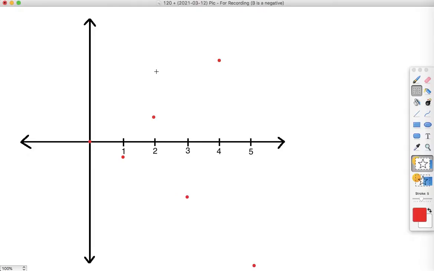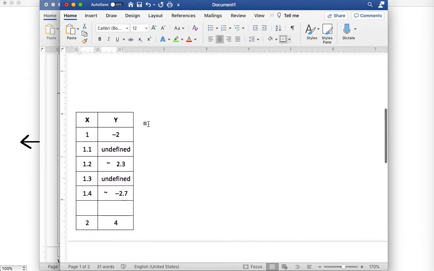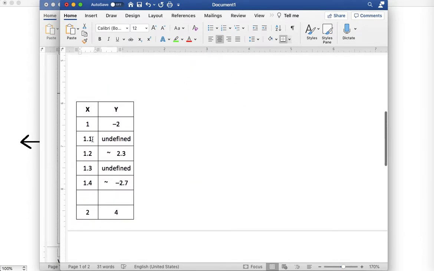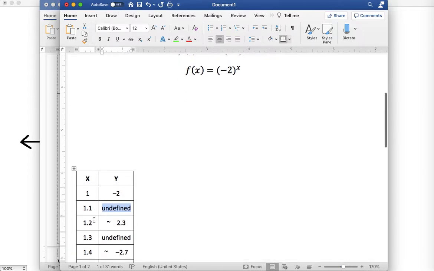Okay, so what happens in this little spot between 1 and 2? Is it just like this smooth, goes down and goes back up? Well, if you put in your calculator x equal 1.1, so if you were to type in your calculator negative 2 to the 1.1, you actually get an undefined value. But if x is equal to 1.2, you actually do have a value, around 2.3.